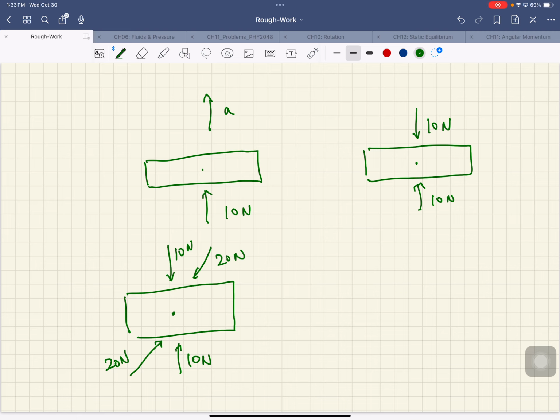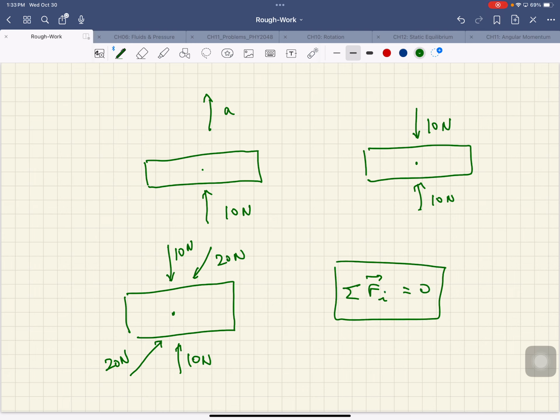Nothing. All right, so it'll remain at rest. As long as all the forces acting go through the center of mass, then the only condition you need for equilibrium is this.